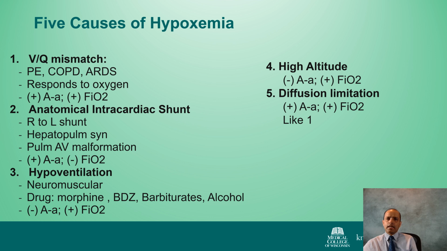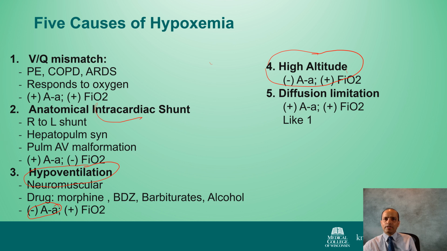Let's say you are at high altitude, or if you have taken some drug and you feel like you are at high altitude, those are the two conditions where your A-a gradient is going to be normal.